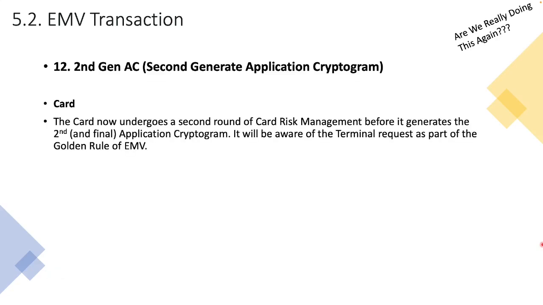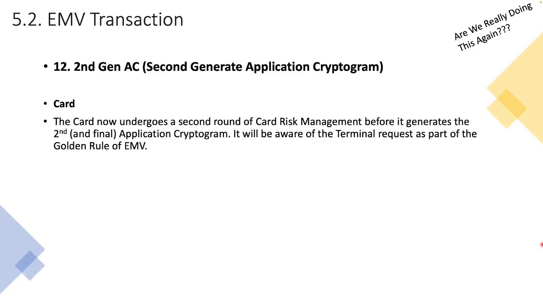Okay. Let's look at what the card needs to do now as part of second gen AC. So the card will now undergo a second round of card risk management before it generates the second and final application cryptogram. Okay, so it's obviously aware of the terminal request to do a TC, and remember, as in every single EMV transaction, the golden rule applies, right?